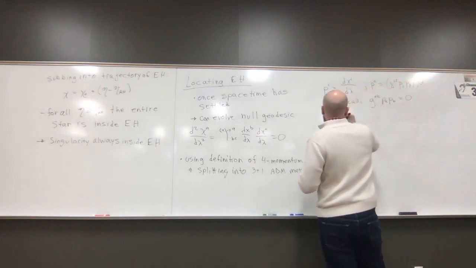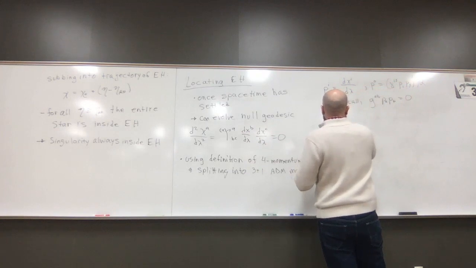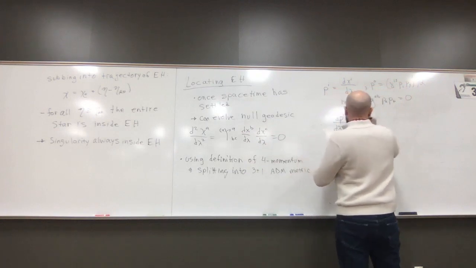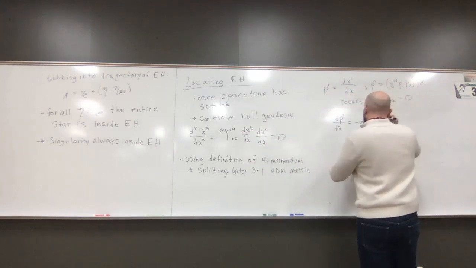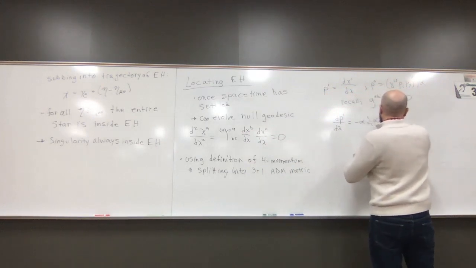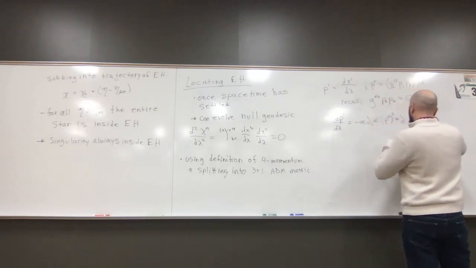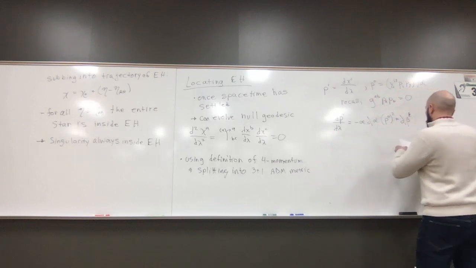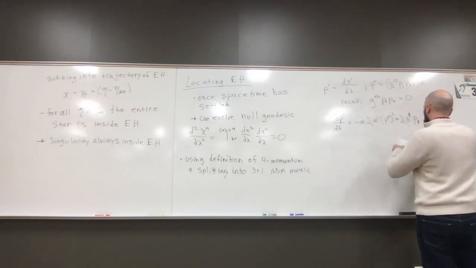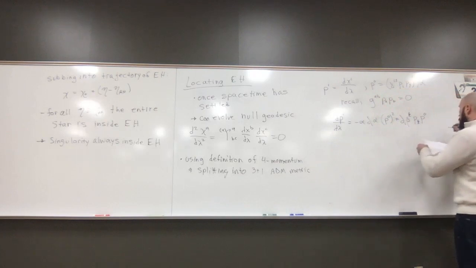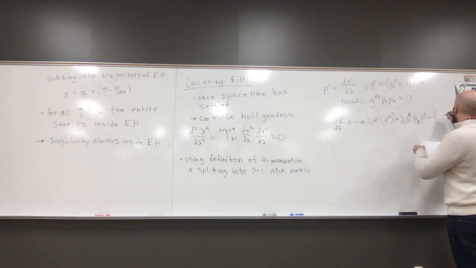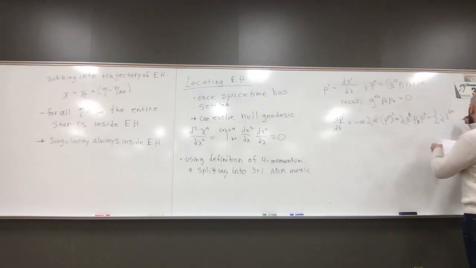That's going to give me a first order equation for the momentum: dp_i/dλ is equal to minus the lapse, partial with respect to i of the lapse, all times the time component of the momentum squared, plus partial with respect to i of the shift vector beta^k, p_k, times p^0, the time component, minus 1/2 partial with respect to i of gamma^lm, the spatial metric, p_l p_m.